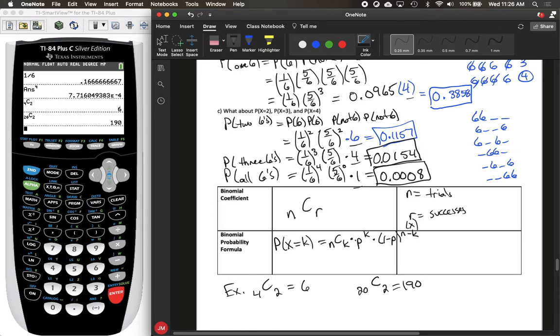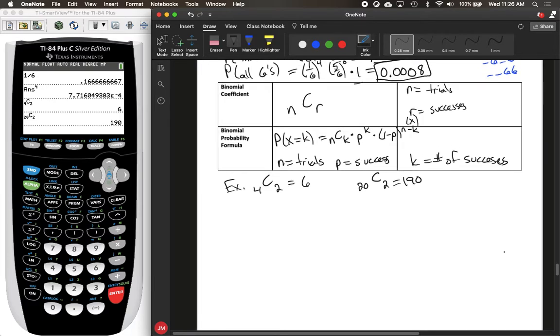Just to remind you, in this scenario, n represents our number of trials, p represents our probability of success, and k represents our actual number of successes.